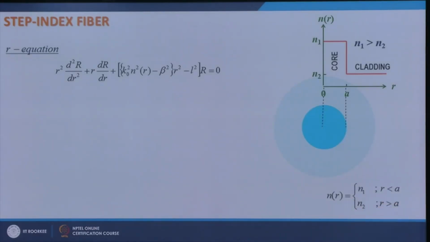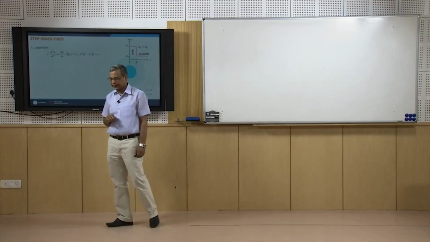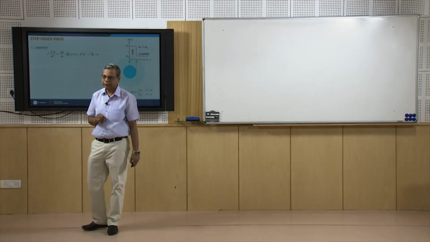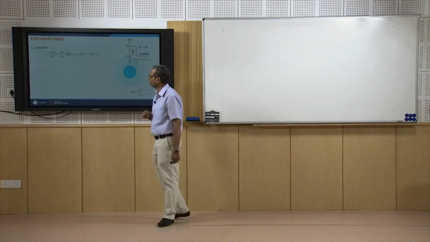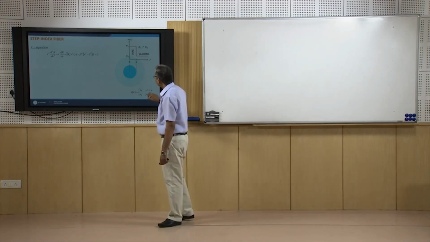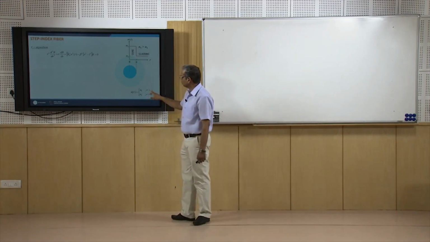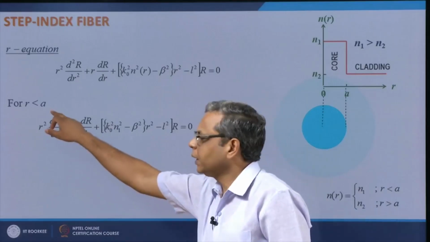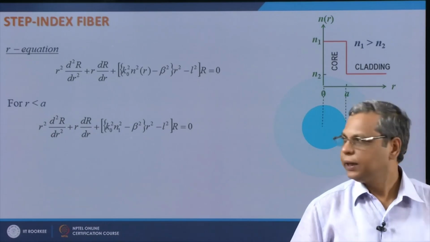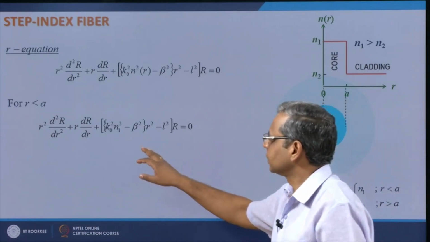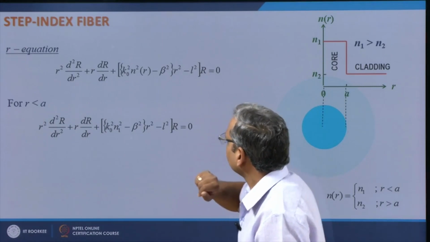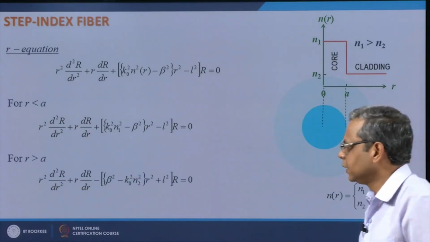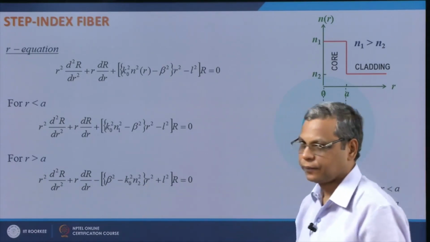The procedure to solve this equation is exactly the same as we have been doing for planar waveguides. What we will have to do is write this equation in the core and in the cladding. In the core, which is defined by the region R less than A, this equation becomes this, and for R greater than A, which is the cladding region, the equation becomes this.